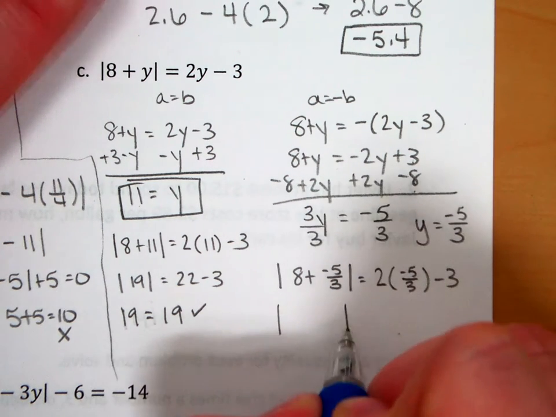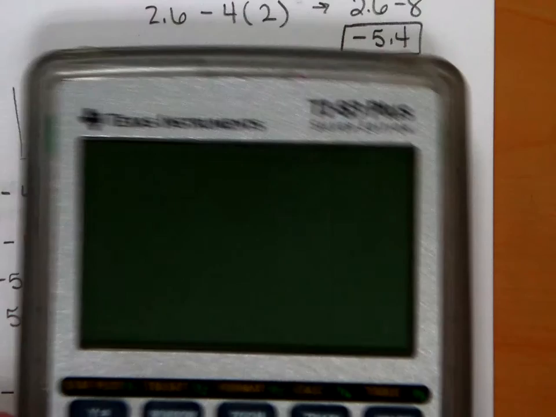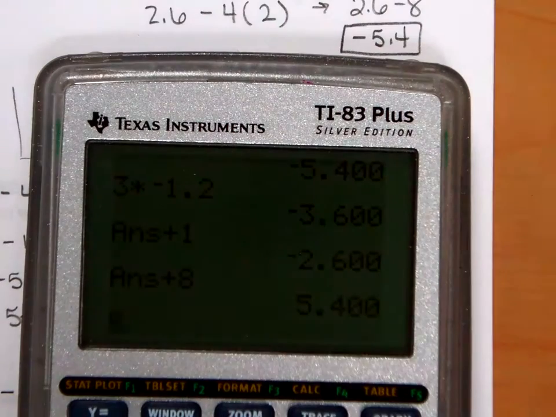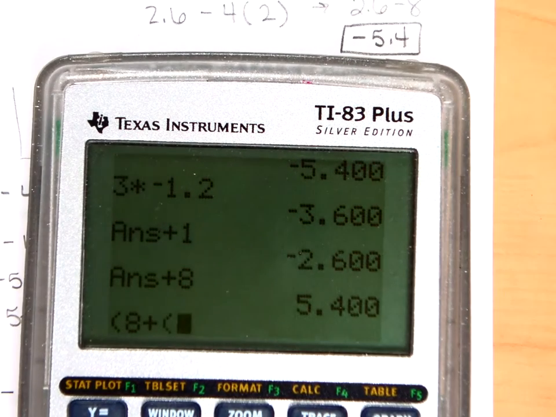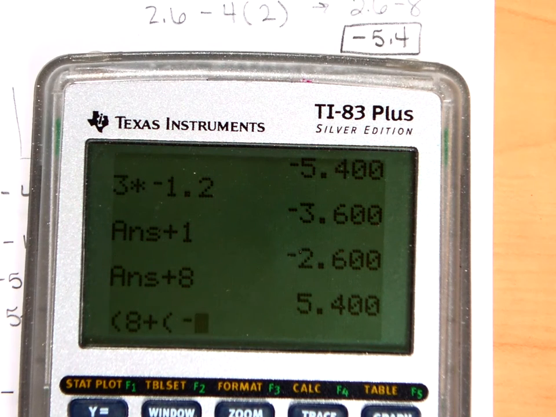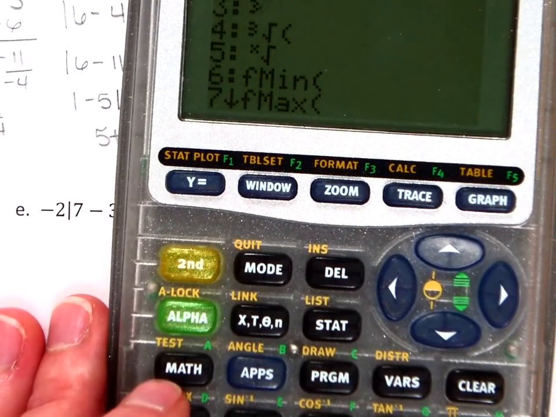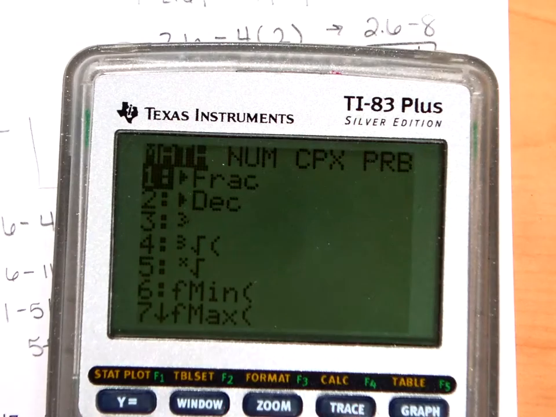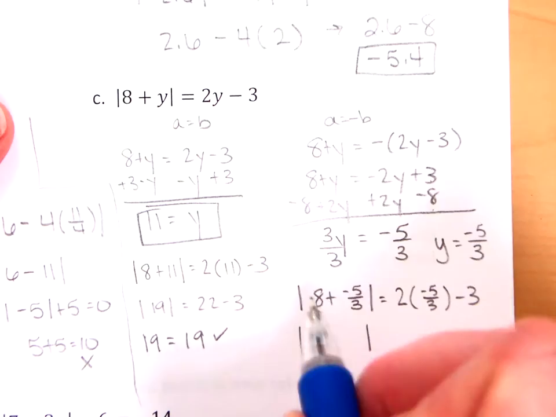The cool thing in my calculator, if I can show you: 8 plus parenthesis negative 5 divided by 3 parenthesis, and then if you hit the math button and choose frac, it will leave it as a fraction, which is awesome, because then I don't have to do any math, and I don't want decimals. So that's the first part. This is going to be 19/3.